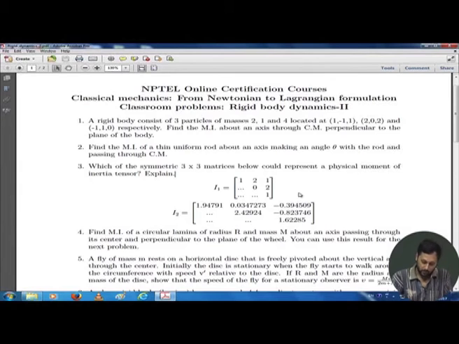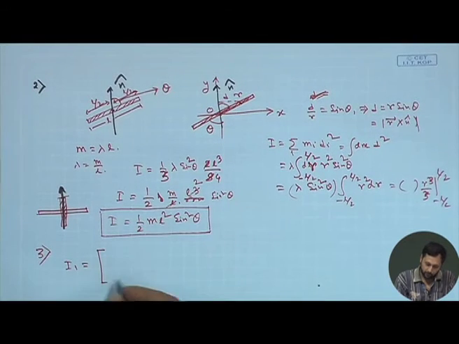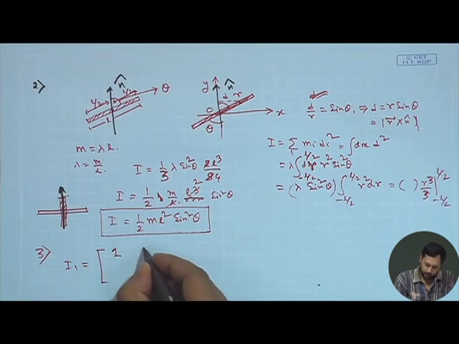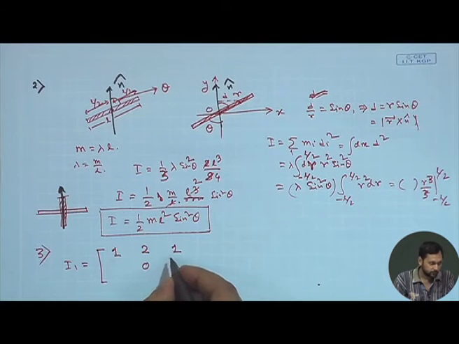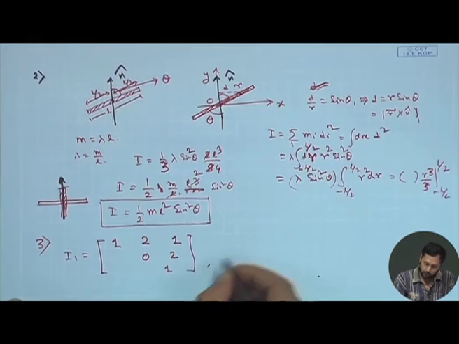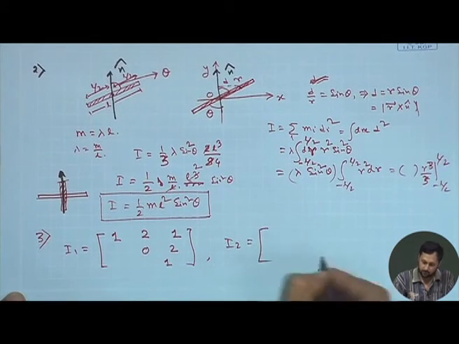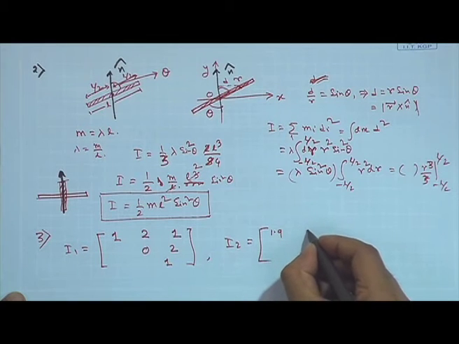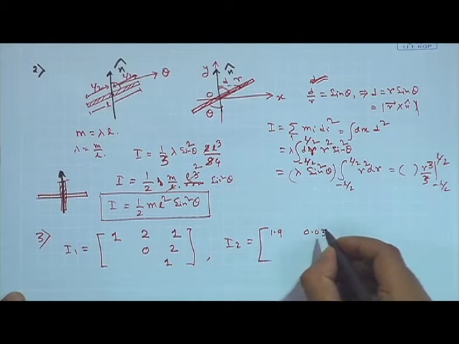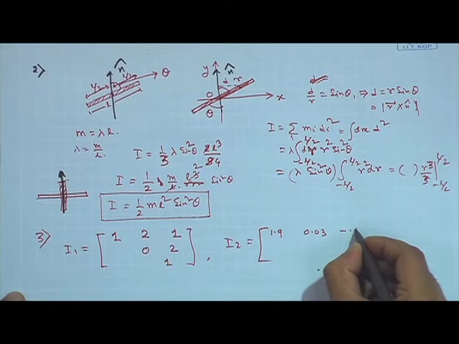Now let's look into these matrices carefully. We have I1, so let's focus on I1 first. We have 1, 2, 1, 0, 2, 1. And of course we have I2, which I am not writing in explicit form, but just write, let's say 1.9, 0.03, minus 0.4.